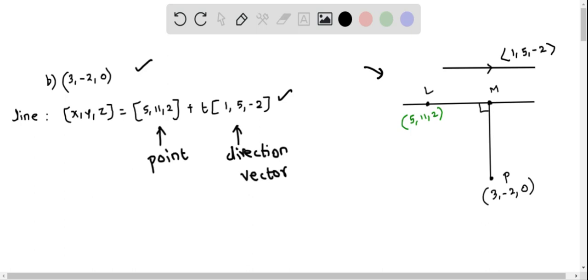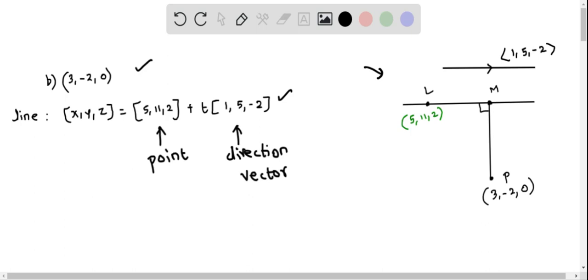From that we will get the value of t, and then substitute the value of t into the generic point M, so we determine the coordinates of the generic point M. Once we get the coordinates of M, we can find the distance between the point M and P using the distance formula. So this is basically the idea to find the shortest distance between the point and the line.